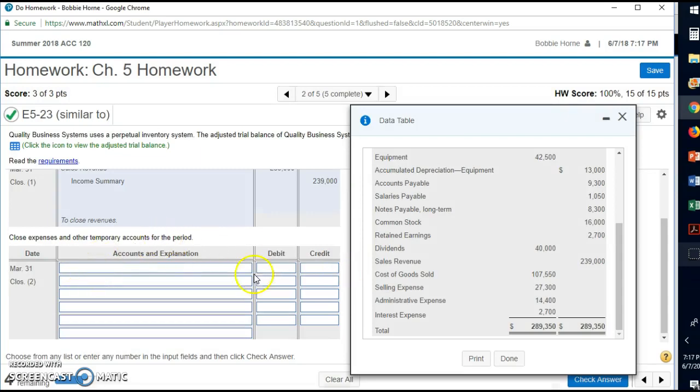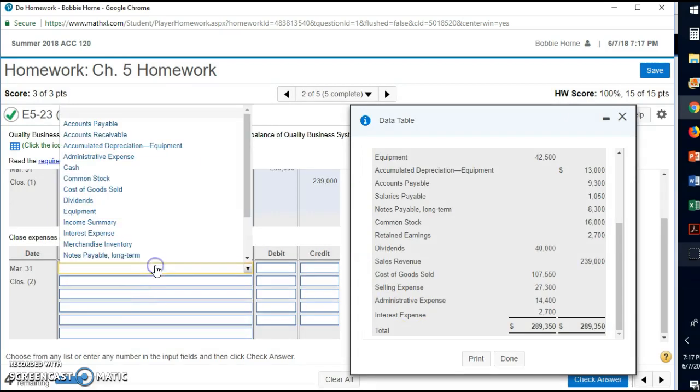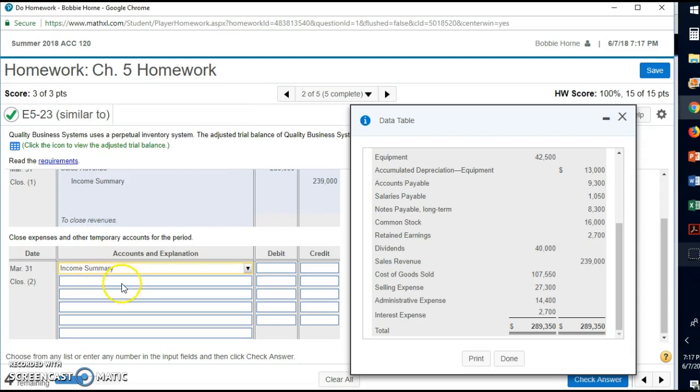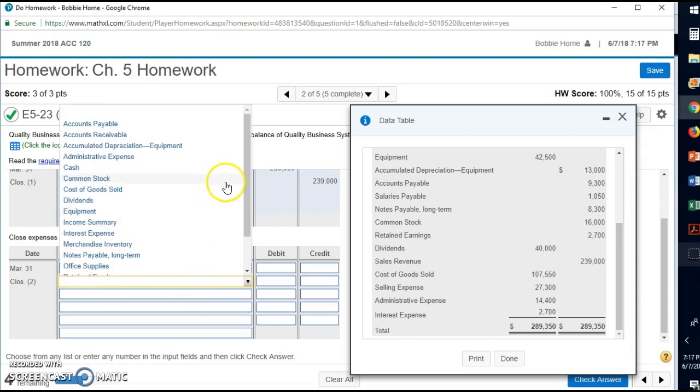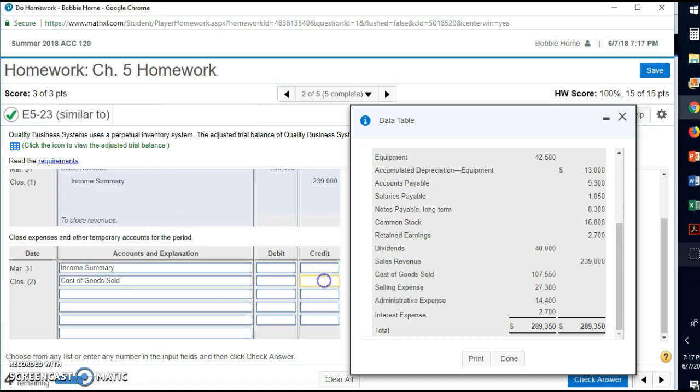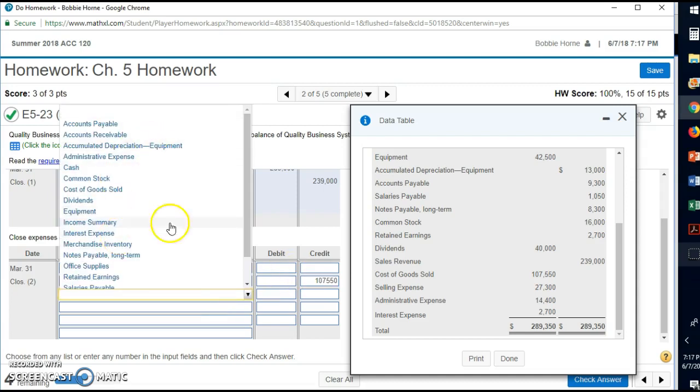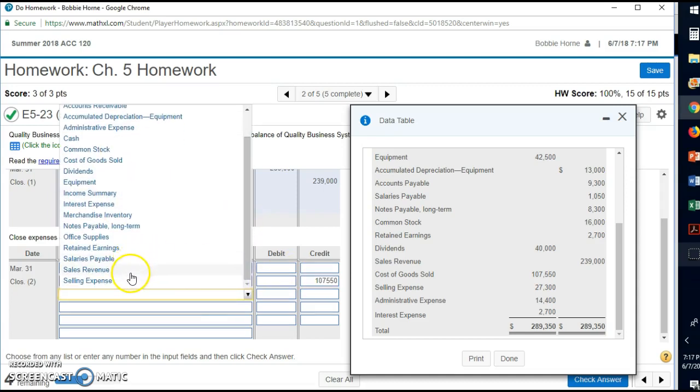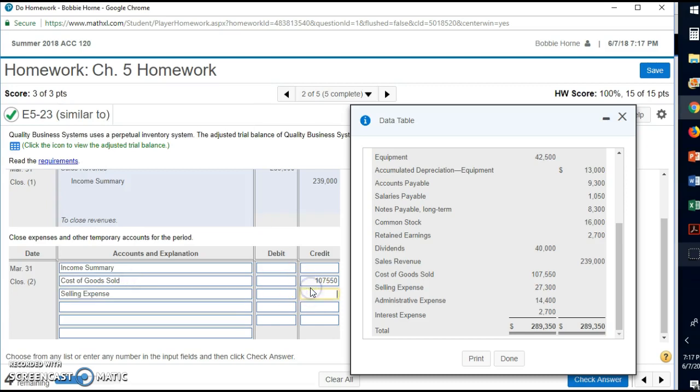Okay, and then we're going to close all your expenses. So we're going to debit income summary and credit all of our expenses. We have cost of goods sold. And then we have selling expense. And then we have administrative expense.